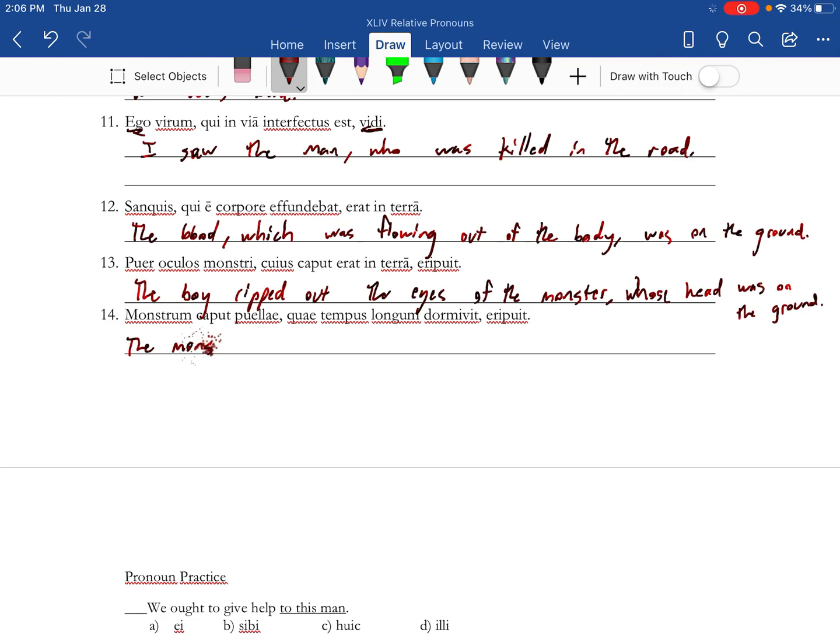And then the monster ripped off the head of the girl who slept for a long time.